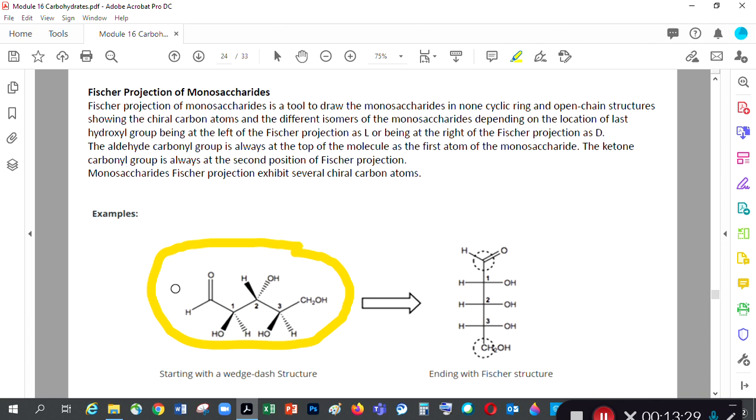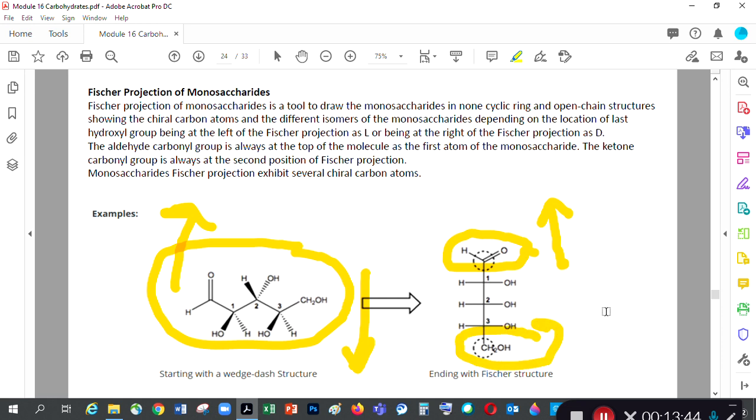This one will be up, and this one will go down. So okay guys, that's how you make the monosaccharide Fischer projection, non-cyclic.